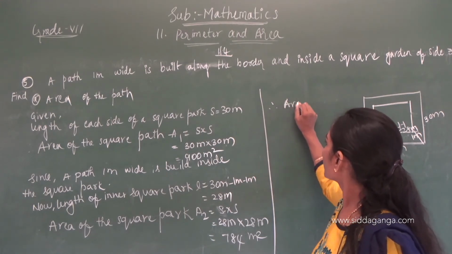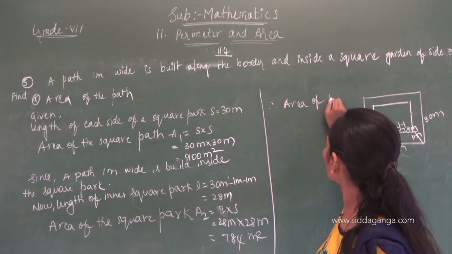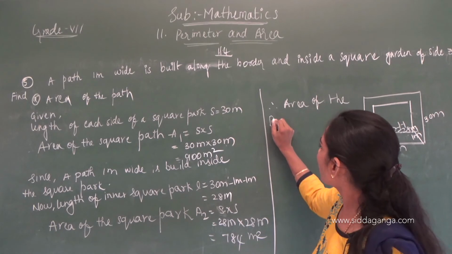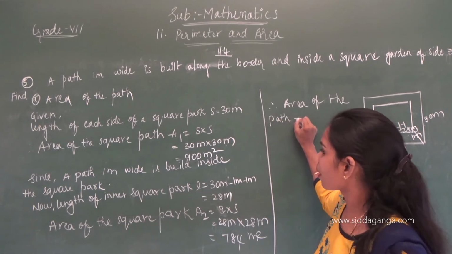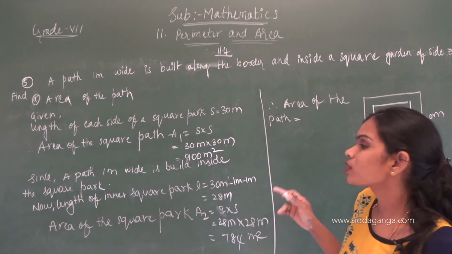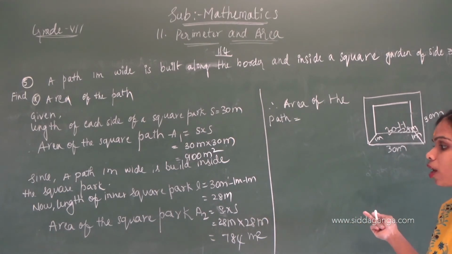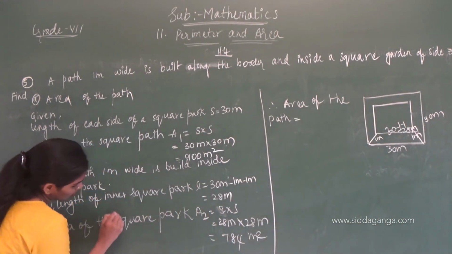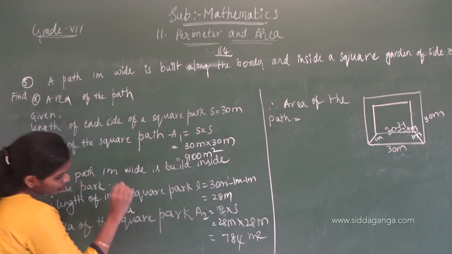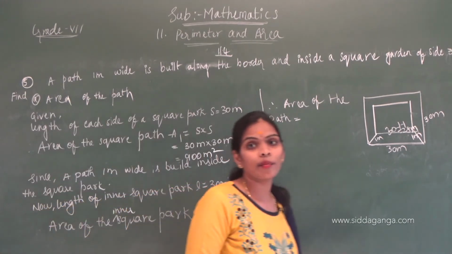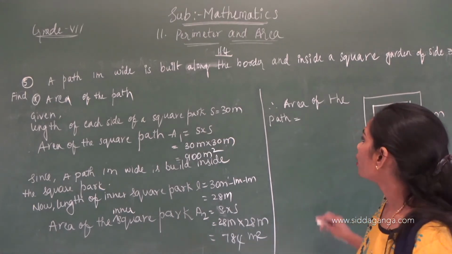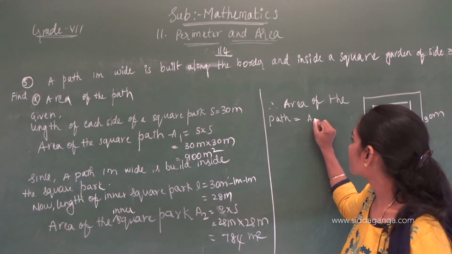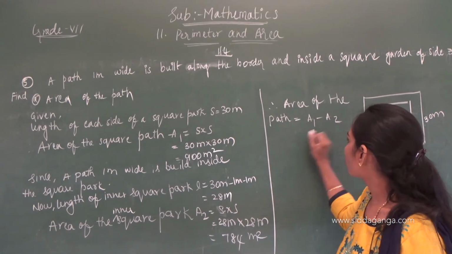Therefore, area of the path equals area of the square park minus area of the inner square park, that is A1 minus A2.